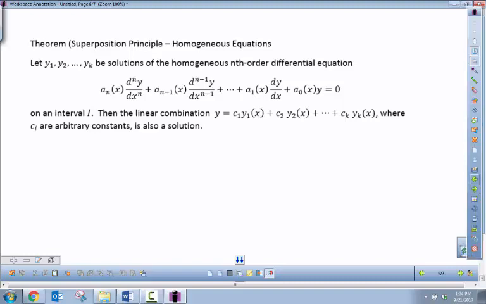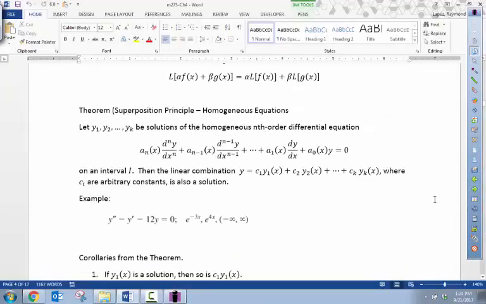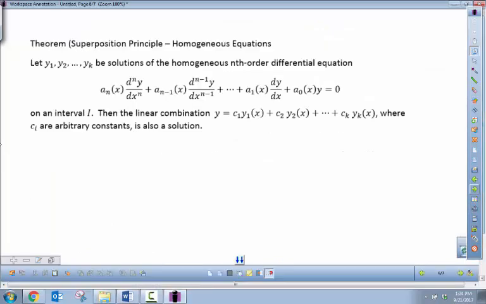Is there an example? I was going to come up with an example. Let's see if we can come up with something simple.